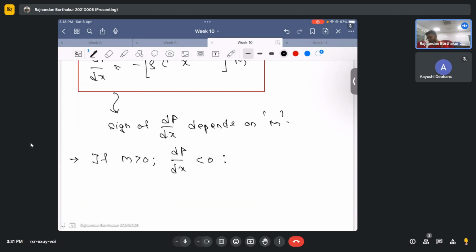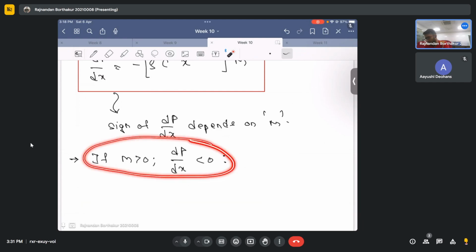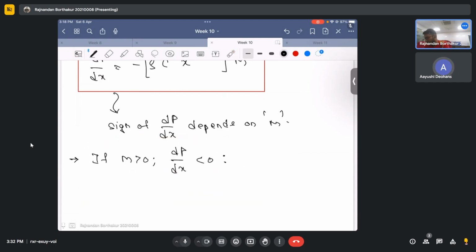And what does this mean? Is this a condition of adverse pressure gradient or a favorable pressure gradient? dp dx less than 0 is a case of favorable pressure gradient. Yes, exactly.